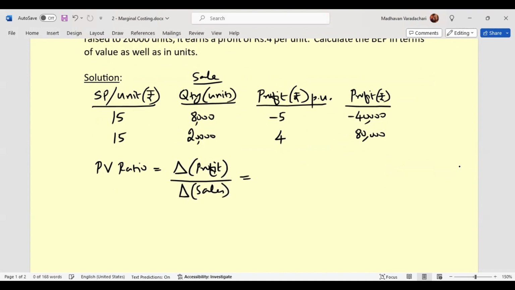So that is 80,000 minus 40,000, divided by change in sales, 20,000 minus 8,000. So numerator is 1,20,000. Denominator is 12,000. We will express this in terms of percentage.